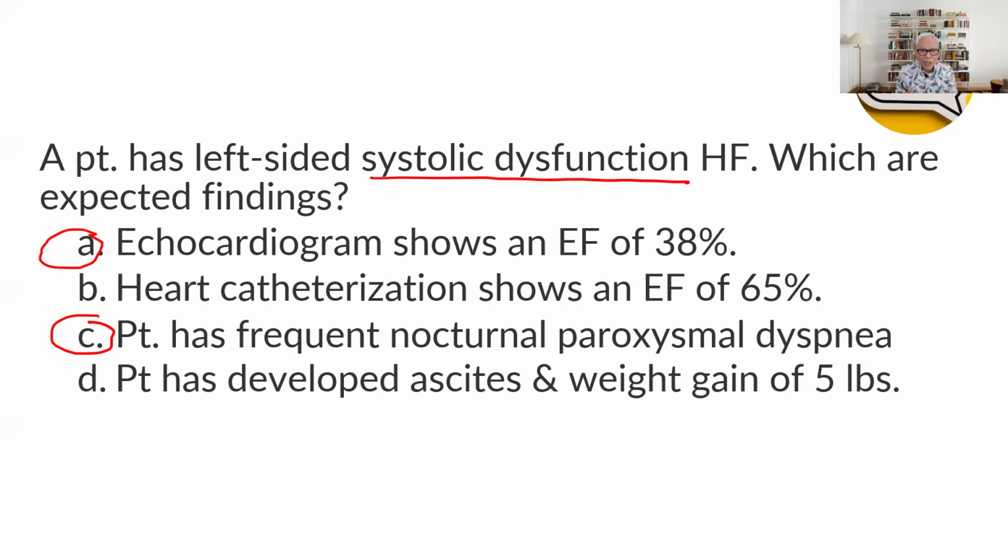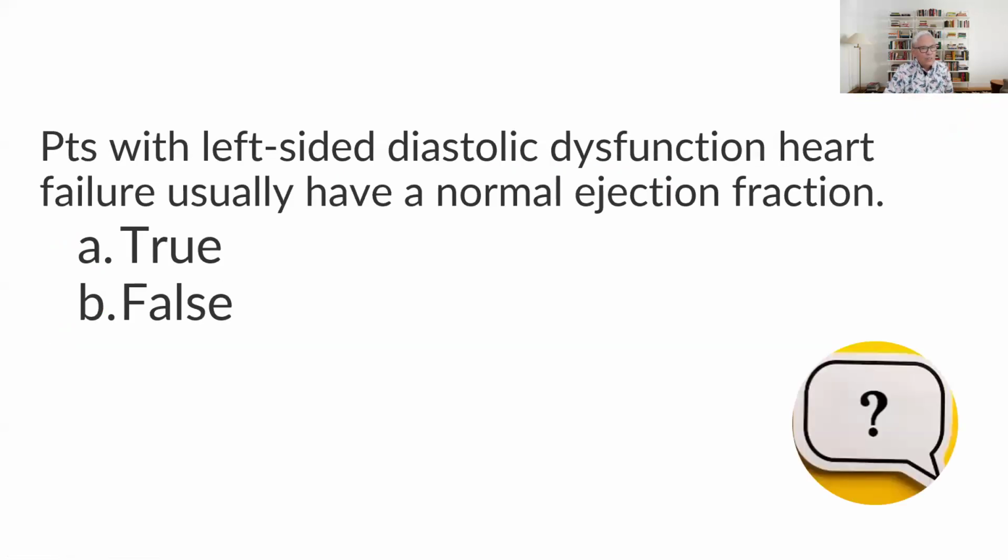Remember, a normal ejection fraction is going to be normal above 60% in a healthy heart. So therefore, the correct answers are letter A and letter C. Okay, let's go to another question.